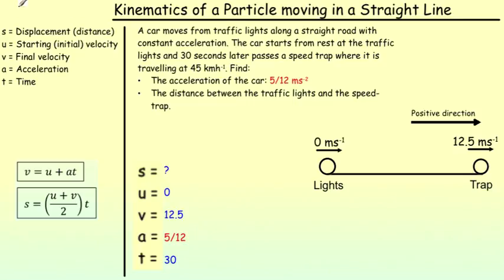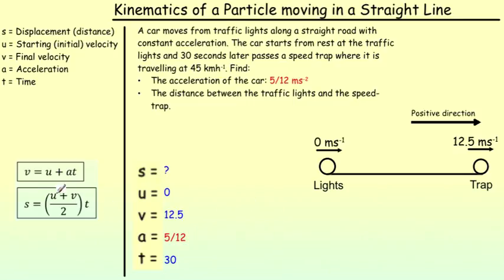Moving on to the second part of the question then, the acceleration of the car, which we just worked out, is 5/12 meters per second squared. And the second part asks us to find the distance between the traffic lights and the speed trap. So that's our distance, which is displacement, s.